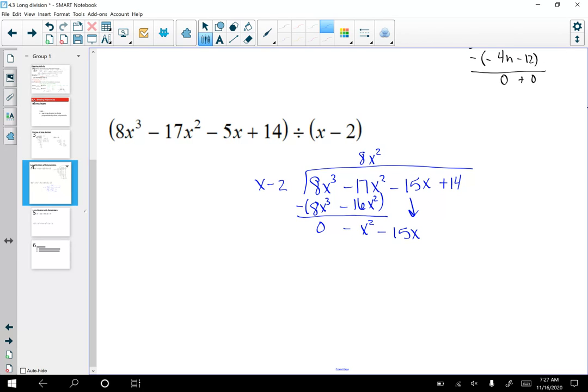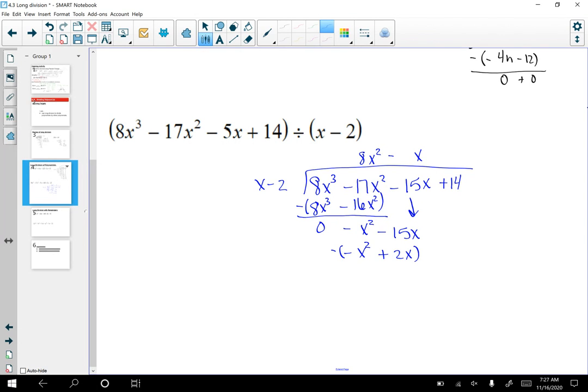Well, it's going to be negative. And then what's going to give me x squared? Multiplying by x. And I need my coefficient to be negative 1. Here it is negative 1, so that's all good to go. Negative x times x gives me negative x squared. Negative x times negative 2 gives me plus 2x.